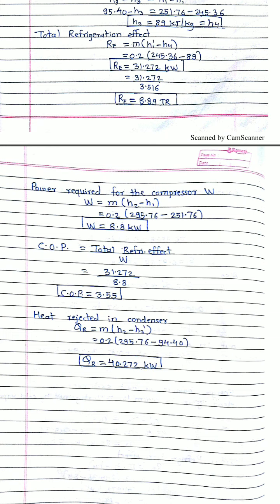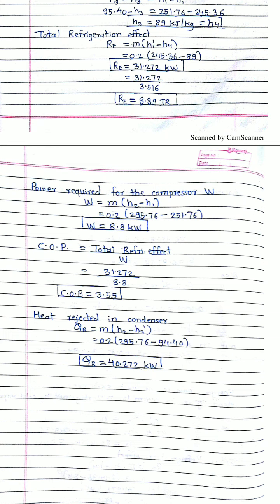If you multiply by 1000, you get watts. Now COP is equal to the refrigeration effect divided by the power required. The refrigeration effect is 31.272 and the power required is 8.8. Therefore COP is equal to 3.55.